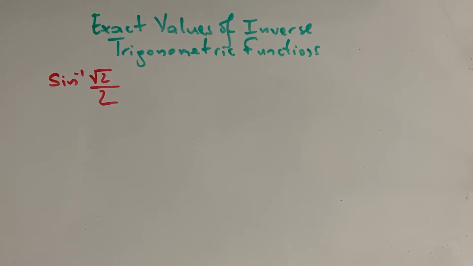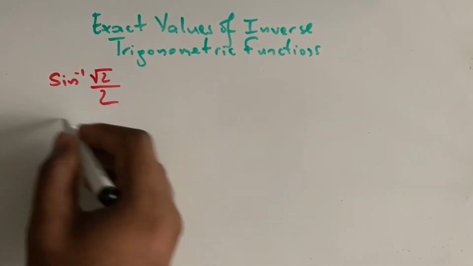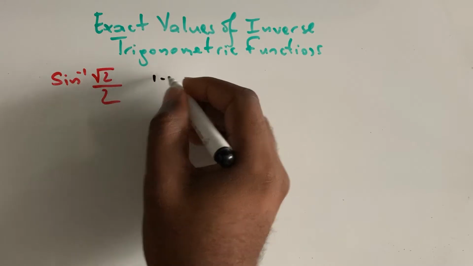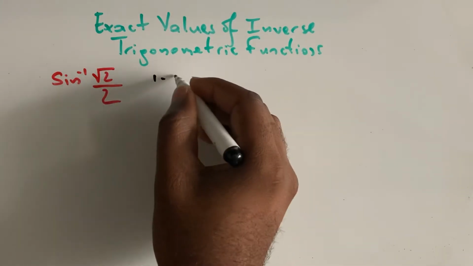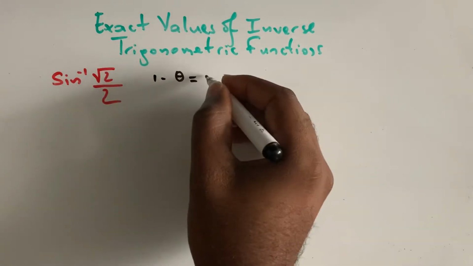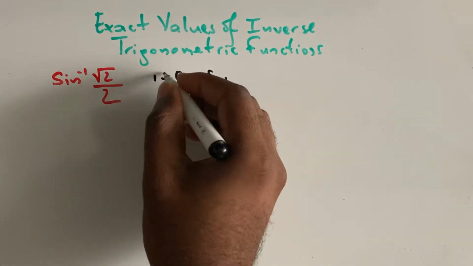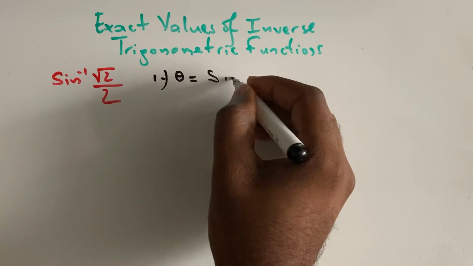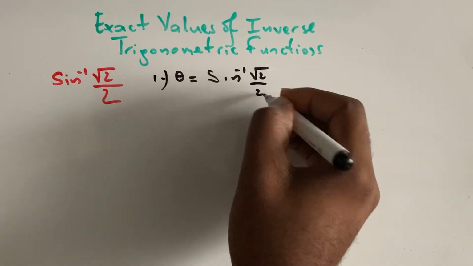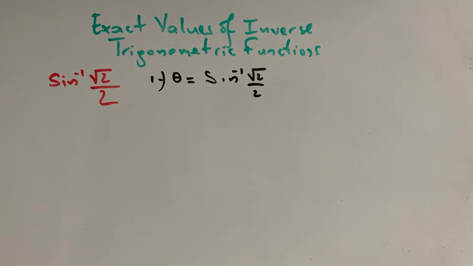The first thing is to think of this as an angle. For example, I'm going to say the angle theta is equal to the inverse sine of square root of 2 over 2. So that's theta.